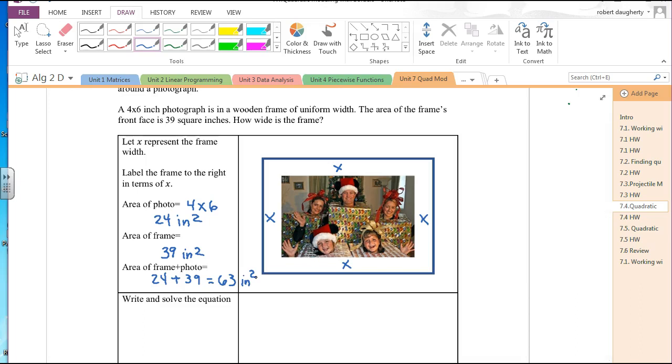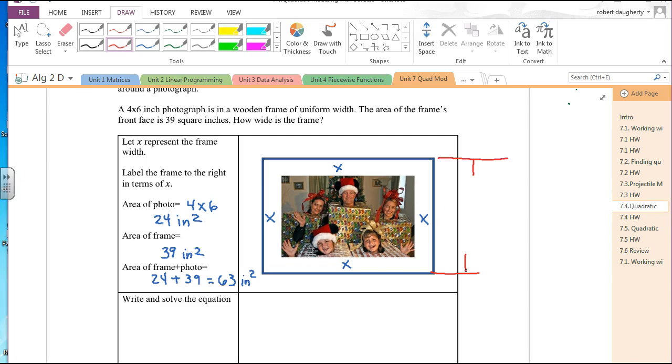Now, using the variable that we have here, someone tell me what is the distance from there to there using the variable that I have, okay? So first of all, what's the distance from here to here? That's 4 inches. And then how much extra is it going to be? Plus 2x.